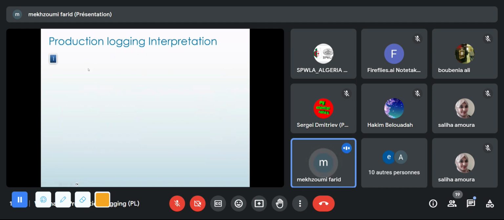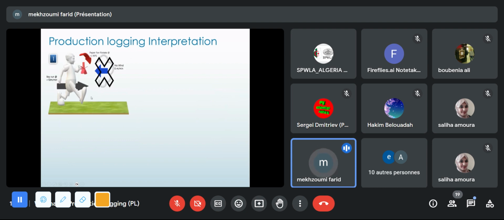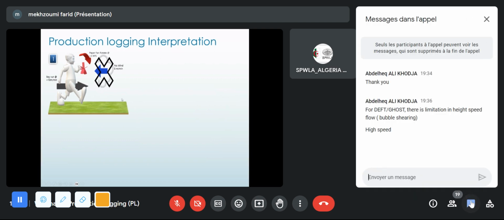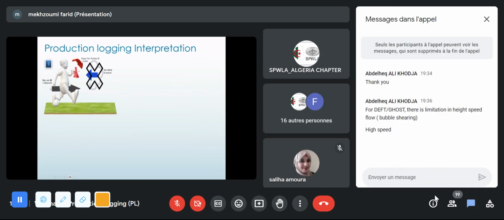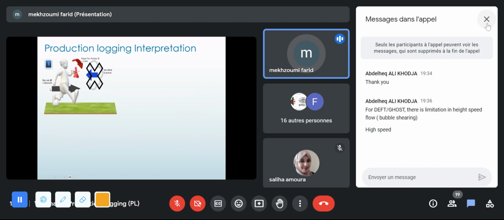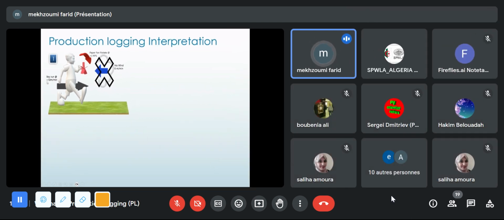So let's start with the first case. No windy day, no wind, and I have the boy running forward. When I give this plus, it means forward, plus 10 meter per minute. Let's observe this paper fan.